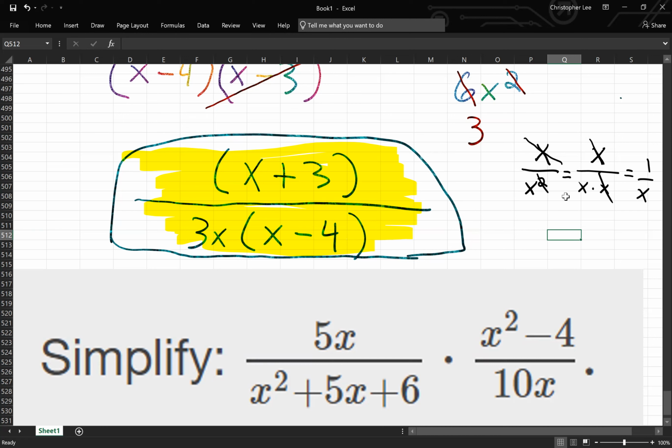Reduce it. Reduce it. Any factor to reduce it with the 5x?